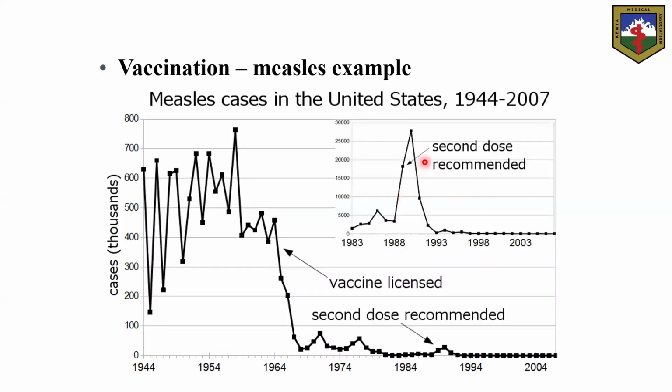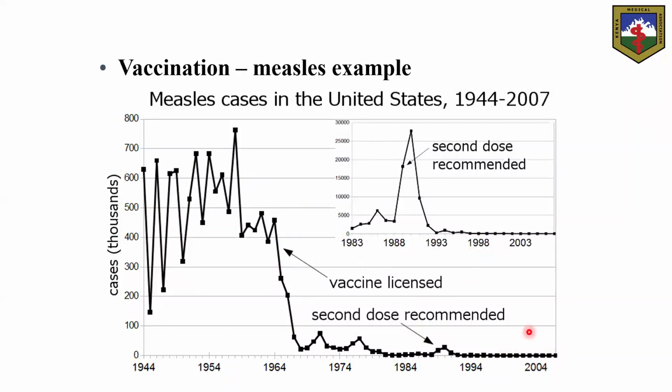In the US, the graph there just shows the cases of measles that were there from the 1940s, and then a vaccine was licensed in around 1966, and the cases just drastically dropped. And then later in the early 90s, late 80s, a second vaccine dose was recommended, and now we are almost talking about absolutely no measles in the US, at least up to 2004.